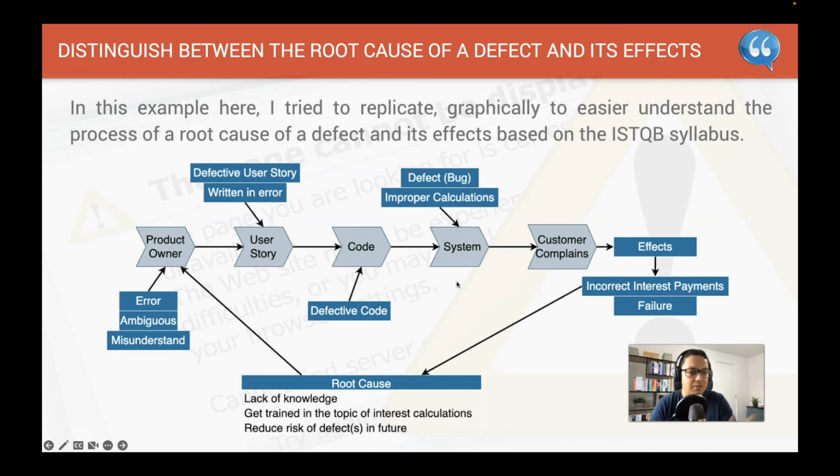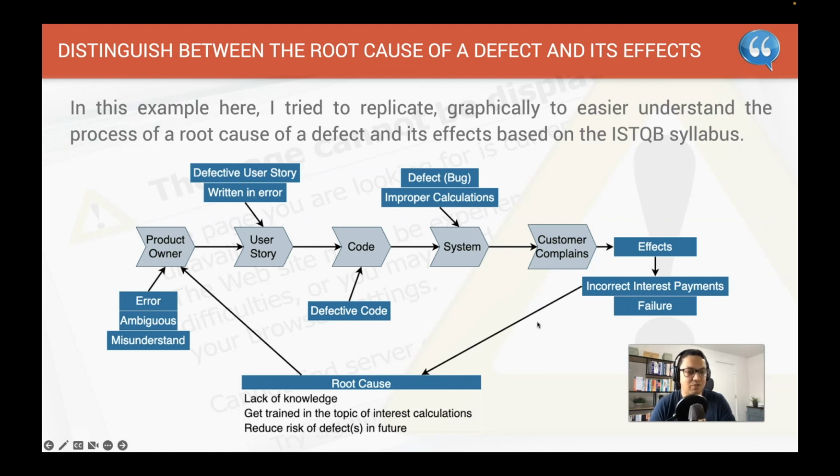Let's say hypothetically in this example it's a calculation, and it does the improper calculation, but the tests pass because it follows the user story. It finds its way to production, to the users, and then the users complain: incorrect interest payment, failure. So these are the effects of the root cause.